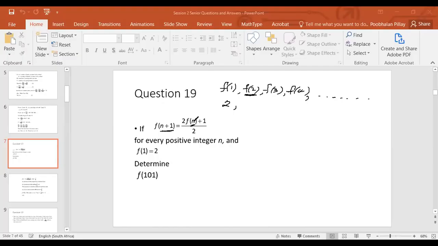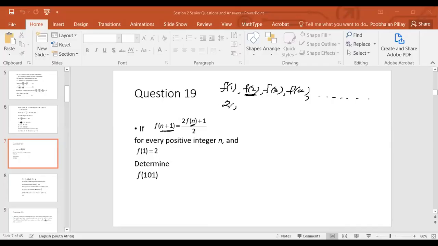It's a number immediately past n. So what we are saying here is that the value of a function at a particular point is equal to twice its previous value, add 1 to that and divide by 2. See? So there is a rule here.